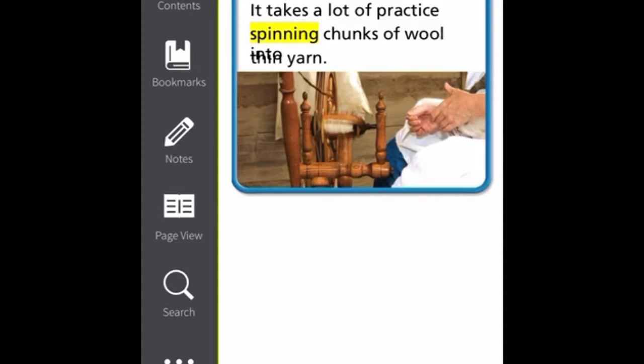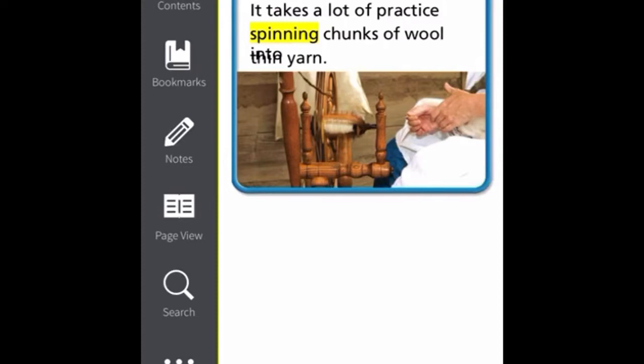Take a look at the picture. It takes a lot of practice spinning a chunk of wool into thin yarn. Okay, what does it mean, spinning? Do you have a game that is called spinner? Yeah, spinner. Why did we call it spinner?